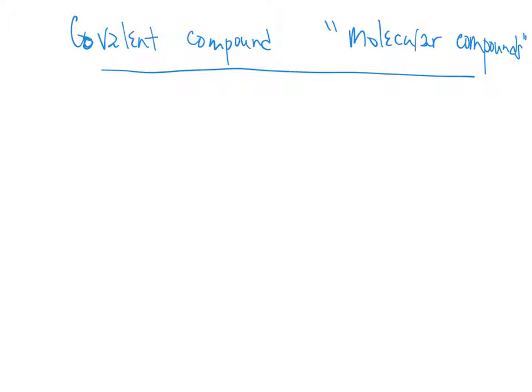So let's just do some examples. So this very first one, NO2, what would its name be as a covalent compound?